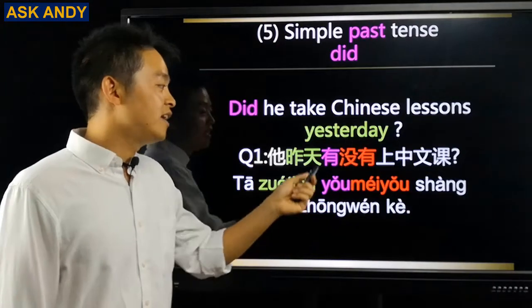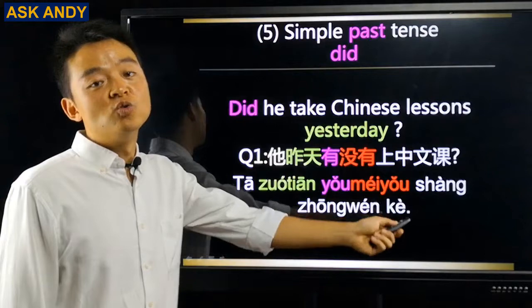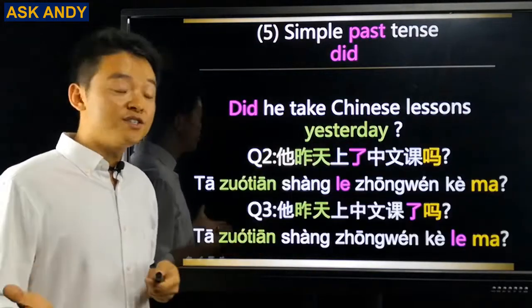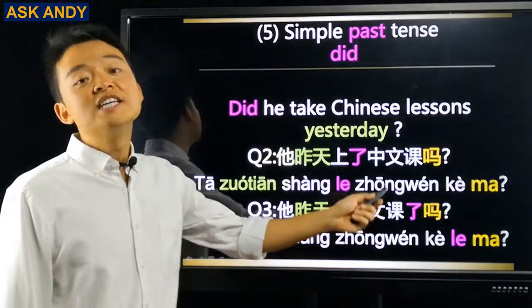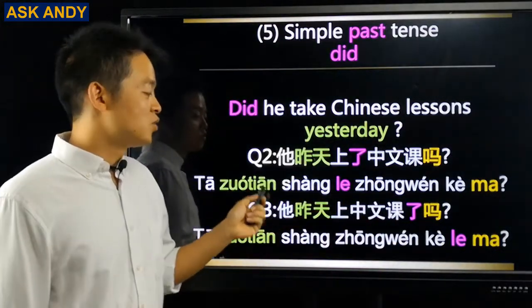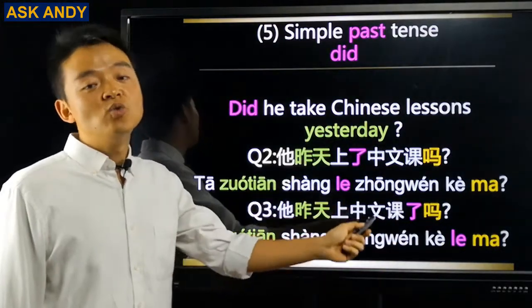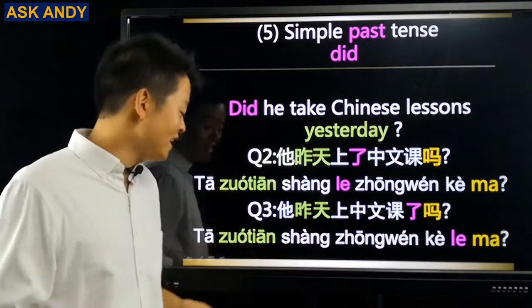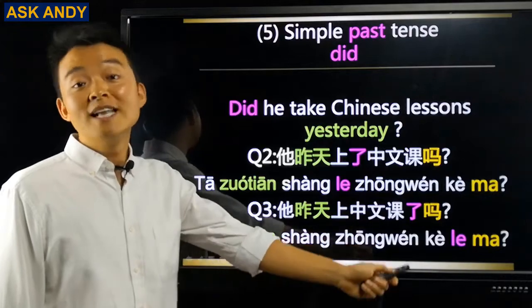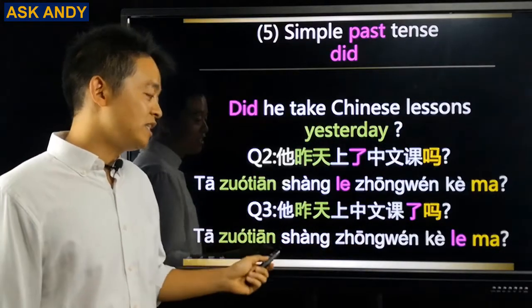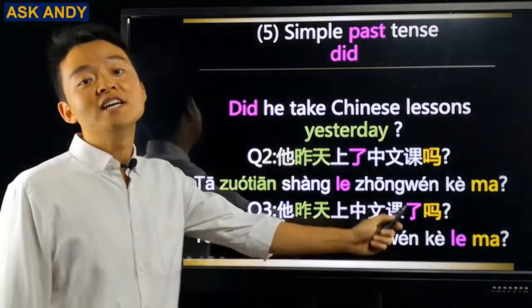Question 2 is, 他昨天上了中文课吗? Question 3 is, 他昨天上中文课了吗?